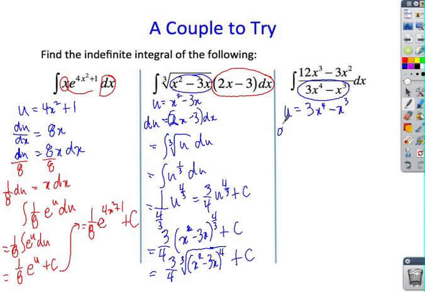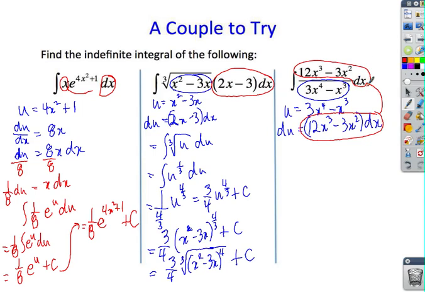And when we take the derivative on both sides, we get du is equal to 12x cubed minus 3x squared dx. And again now, hopefully you can see this unit here is the same as this part of the expression. So we're in good shape for our substitution.